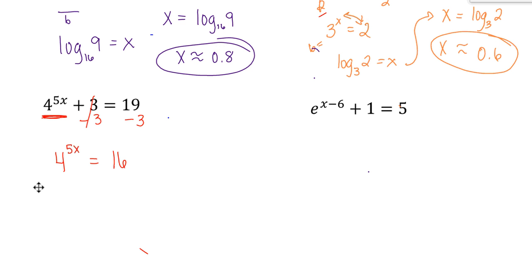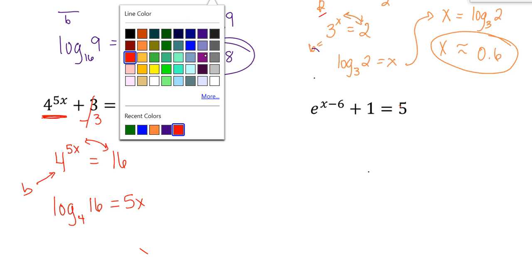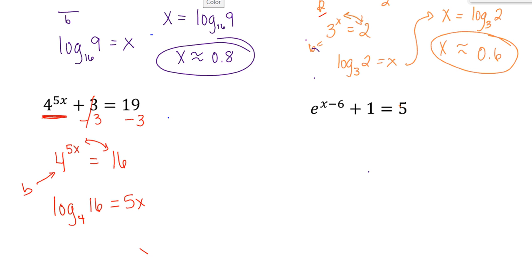So I'm going to rewrite it. Here's my base. So I'll rewrite it with the word log and the 4 down there in that little spot. And then we swap these guys. 16 goes over here, and the 5x is by itself on the right side. Okay, we can plug in this log base 4 of 16 right here.